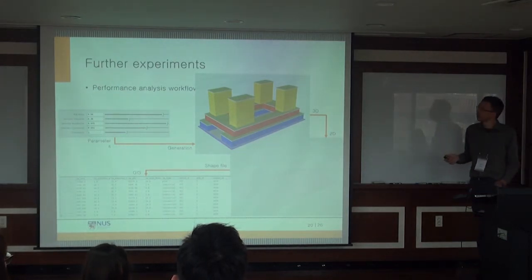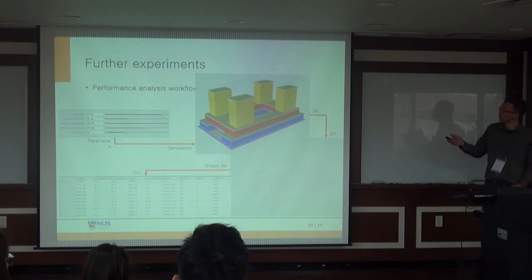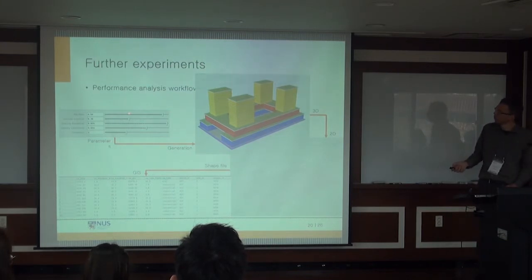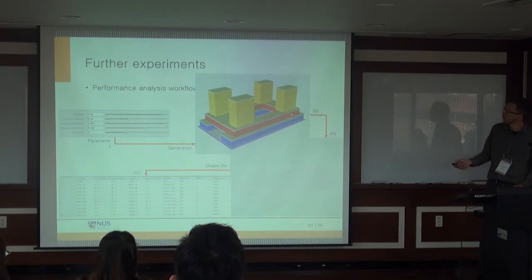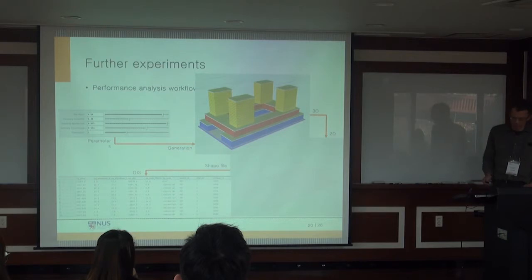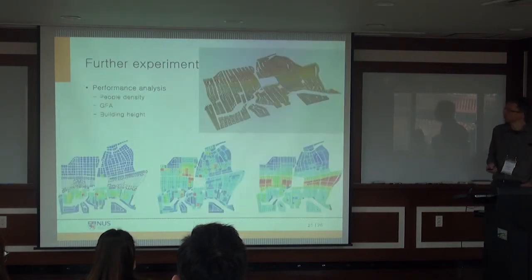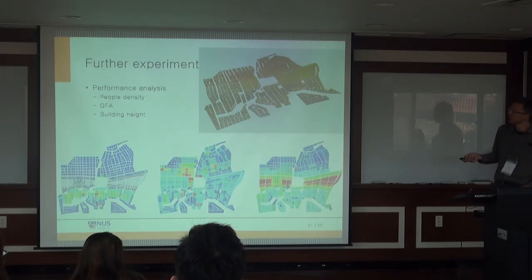So this is the next step that we did. We used a slightly different model again, trying out different typologies, but this closes the loop. So it starts with these parameters again, pretty much the same parameters as the beginning, generating the model from it, then exporting this from 3D to 2D shape files, importing this into GIS, and then doing the analysis that we suggested, including people density, GFA, so gross floor area, and building height analysis.